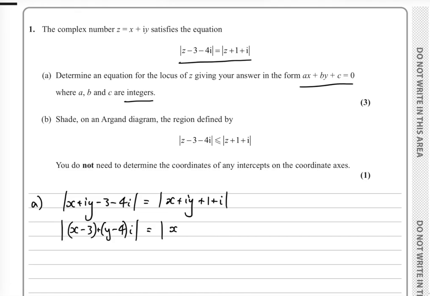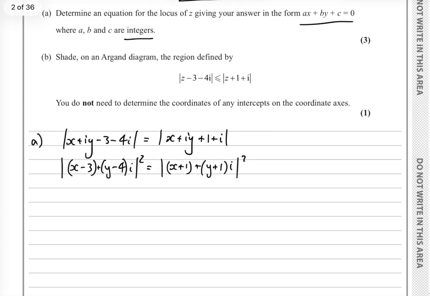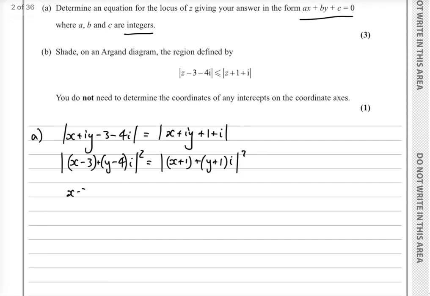Over here, x plus 1 is the real part, and y plus 1 is the imaginary part. Then we square them both, and that gives us the real part squared plus the imaginary part squared, but without i. Same over here.